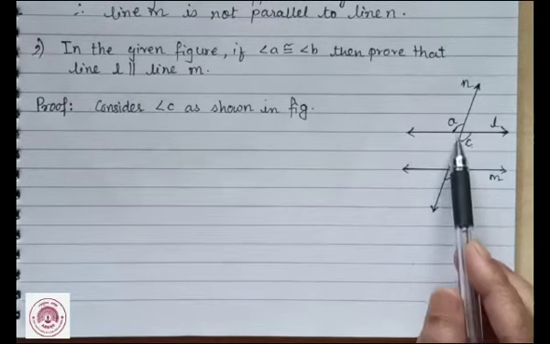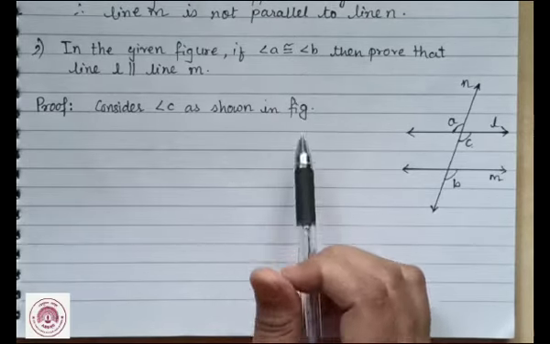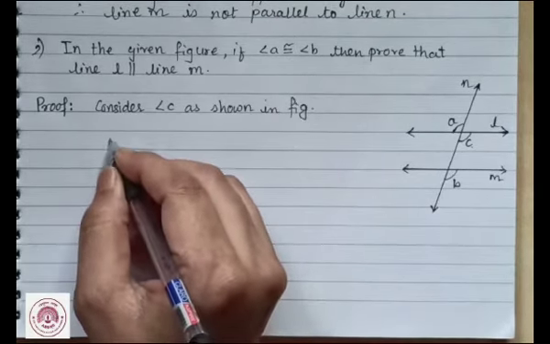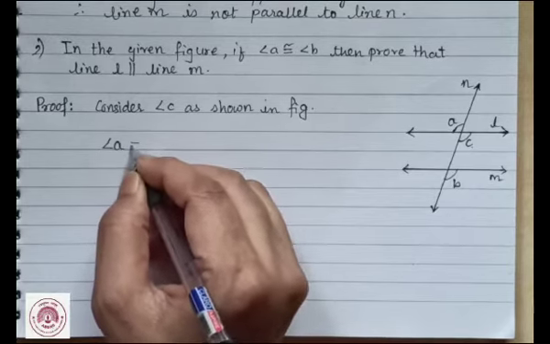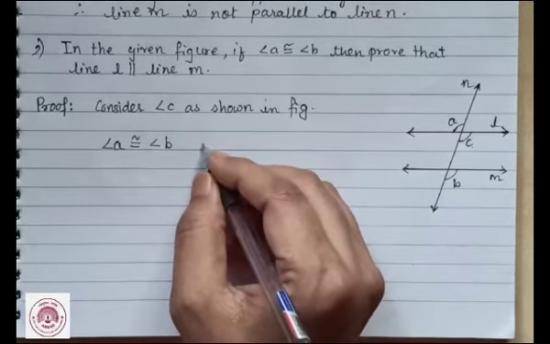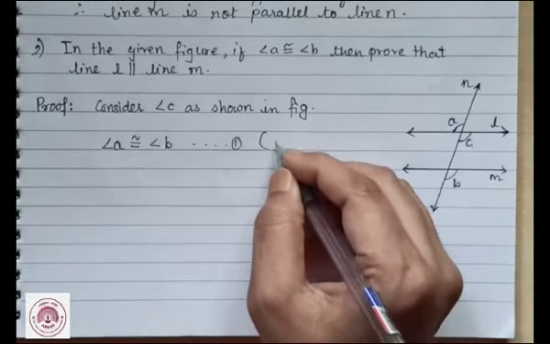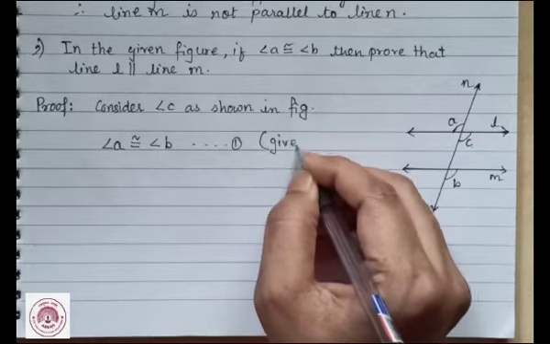Now angle A is congruent to angle B. This is given. So let's write angle A congruent to angle B by given. And let this be equation number 1. And in reason we'll write given.